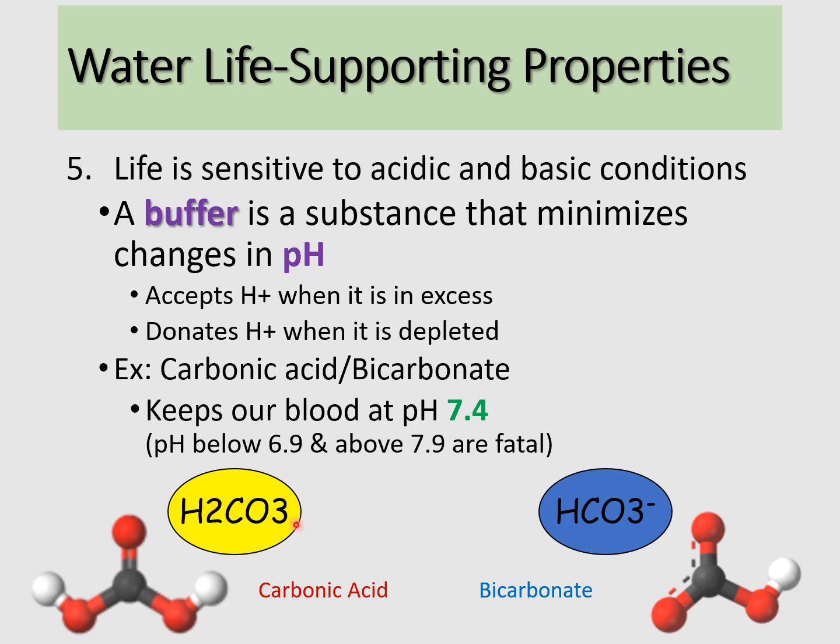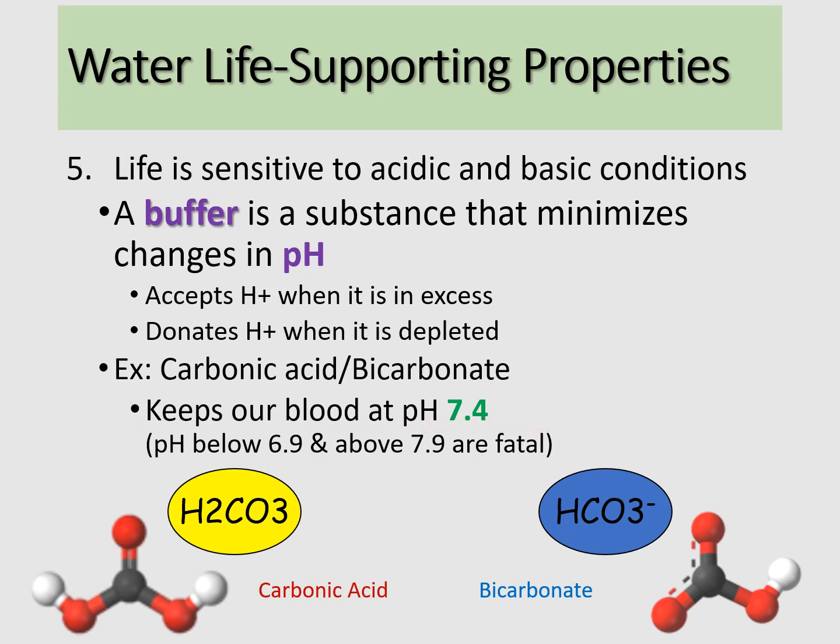Carbonic acid can donate a hydrogen when it's needed because it has 2 hydrogens, and then it turns into bicarbonate, which is negative, and it can accept hydrogens if needed. So it can switch back and forth between carbonic acid and bicarbonate when needed, so that the environment doesn't get too acidic or too basic.